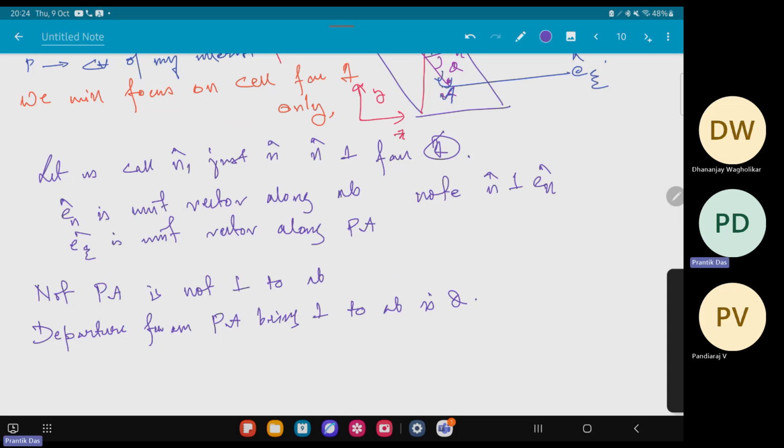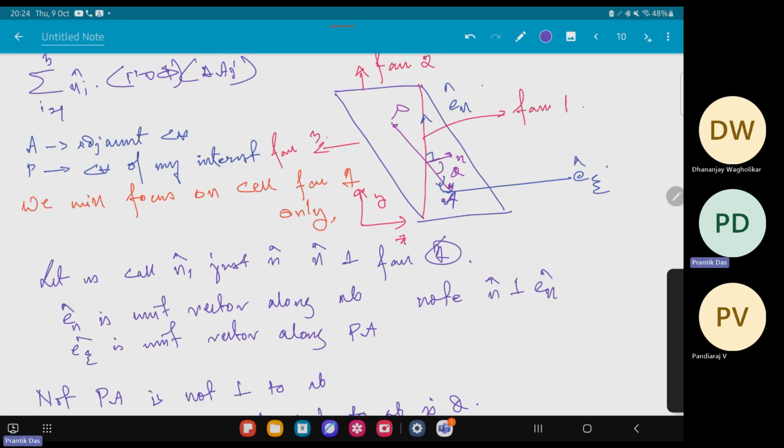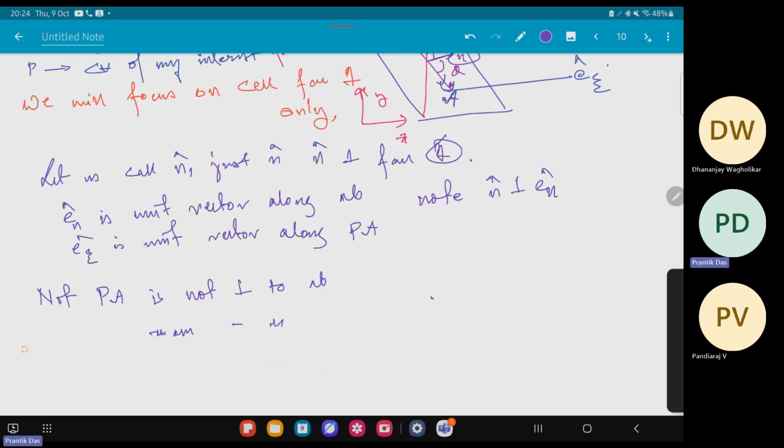Okay, so the angle between the normal vector n cap is at an angle theta with EA.